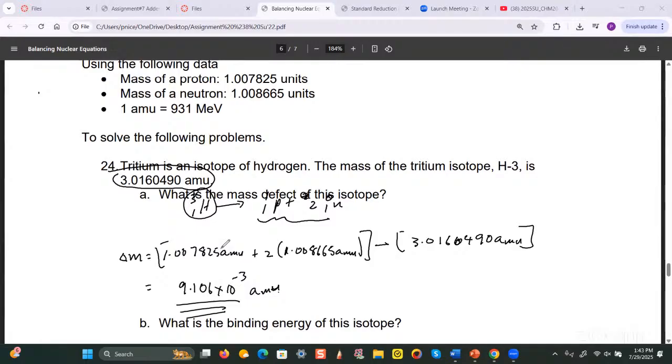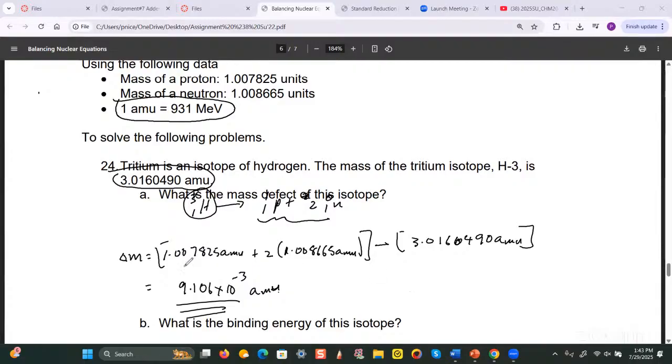Okay, the next question is, what is the binding energy of this isotope? The binding energy can be calculated using this, or you could use the other method that I showed you earlier, but I'm going to use this since this is here.